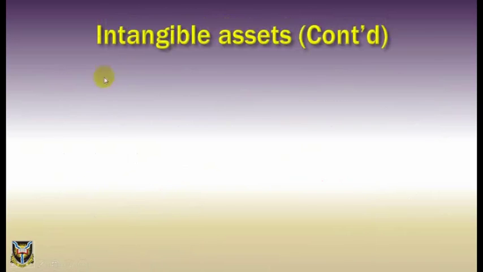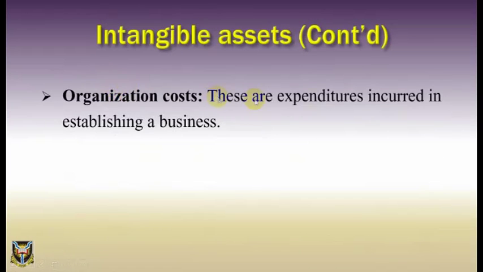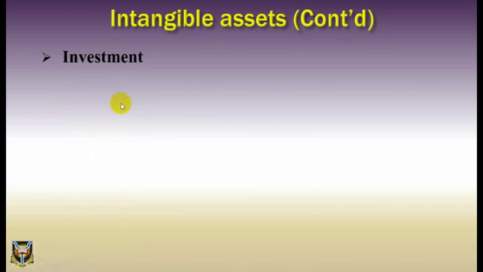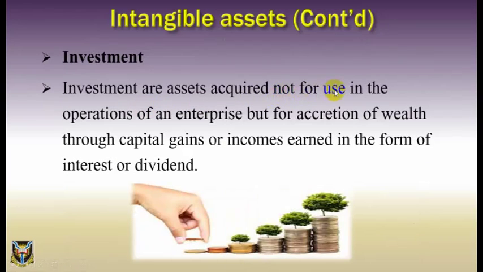Organization costs. These are expenditures incurred in establishing a business. They are also recorded as assets and then amortized. F. Investment. Investments are assets acquired not for use in the operations of an enterprise, but for accretion of wealth through capital gains or income earned in the form of interest or dividend.